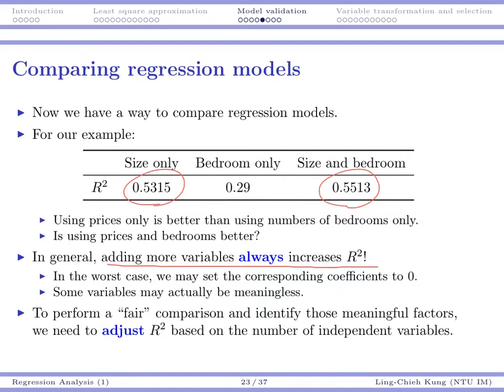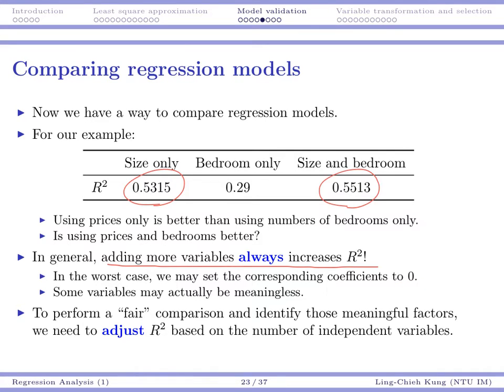Why is that? If we compare this model and that model, in this model we have three coefficients, beta hat 0, beta hat 1, and beta hat 2. When we adjust the three values to minimize the total sum of squares, what's going to happen? In the worst case, we can set beta hat 2 to be 0.